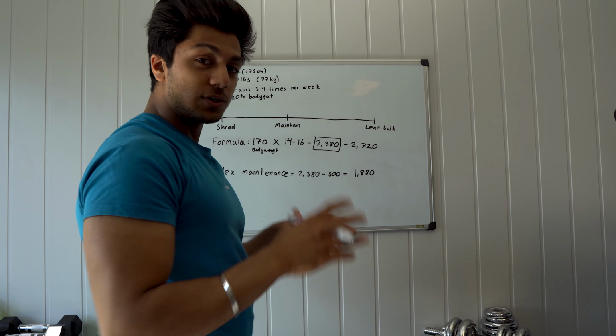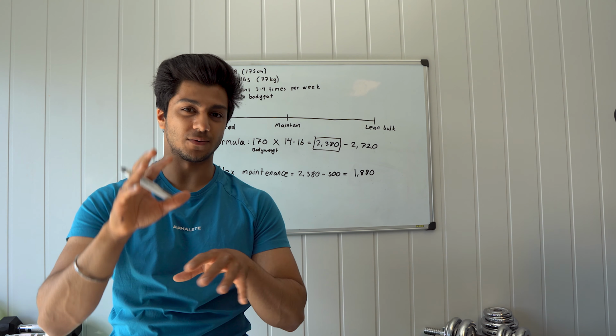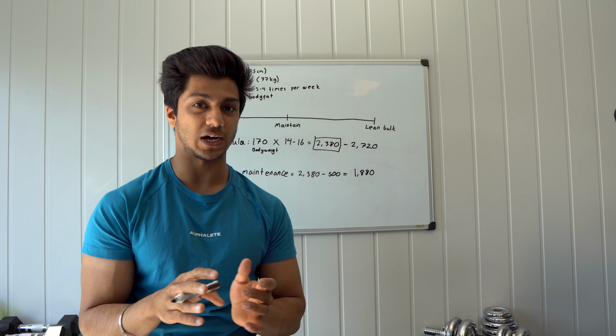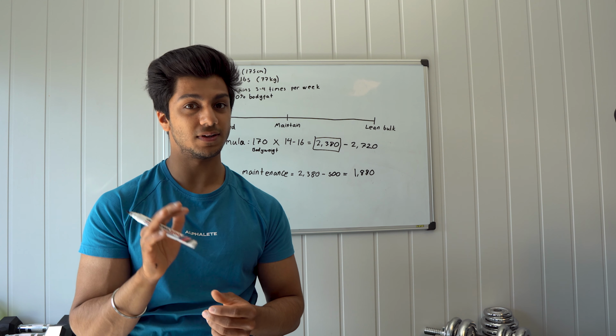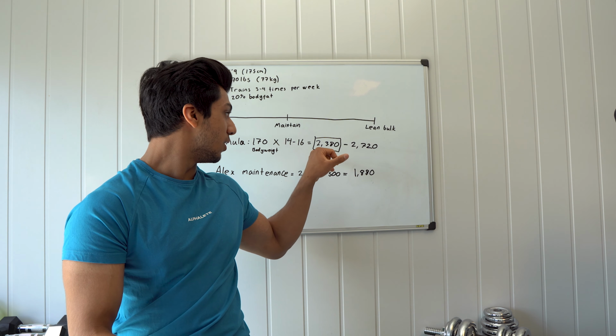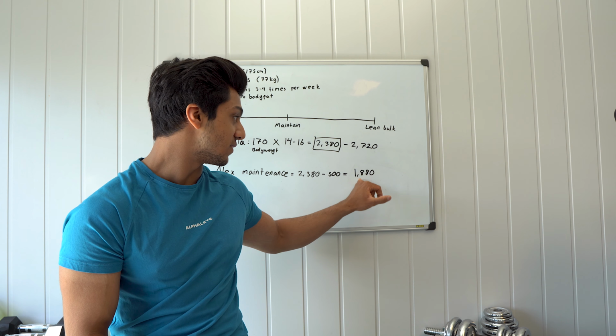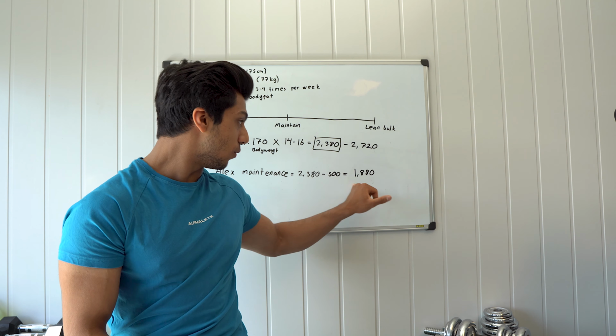If you're going to do a shred, I recommend around 250 to 500 calories in deficit. I don't recommend Alex in this scenario go from 2,380 directly to 1,880. This is his end goal.